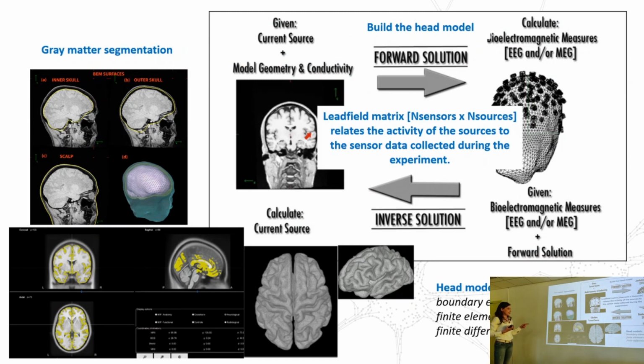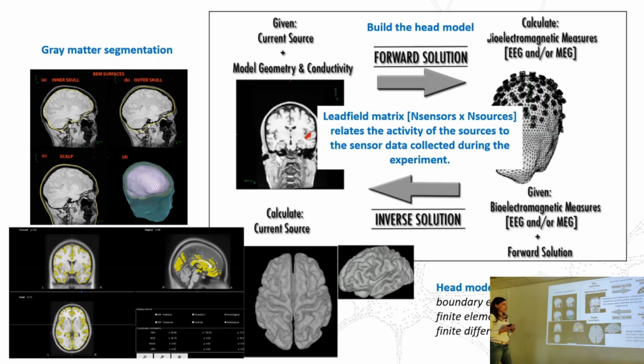Then a cortical tessellation is performed into thousands of triangular elements, and a head model that takes into account the different geometry and conductivity characteristics of the brain tissues is used to estimate the current dipoles, assigning a dipole to each triangle and constraining them perpendicular to the cortical surface.